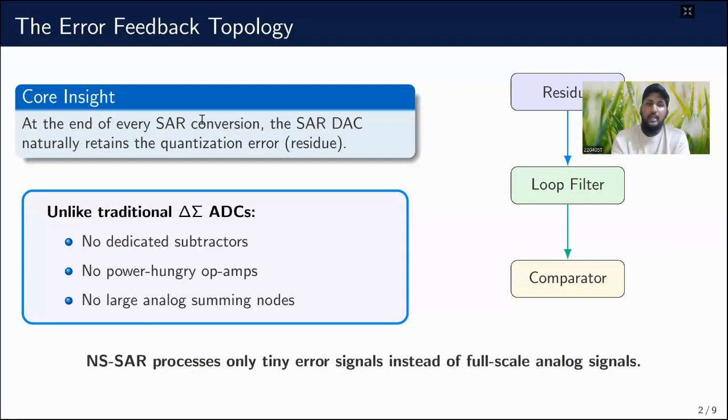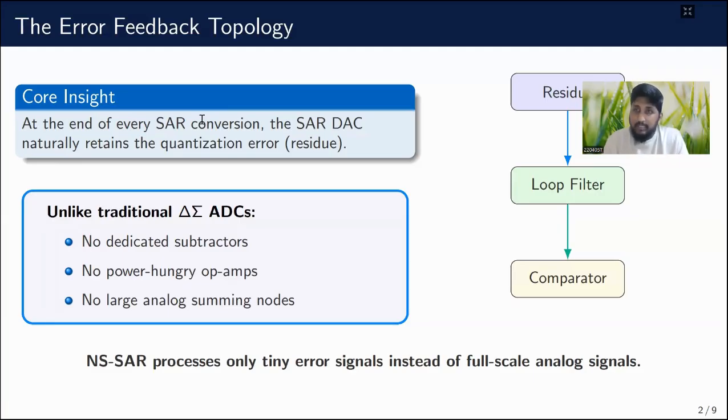If we talk about error feedback topology, at the end of every SAR conversion, the core insight is that the DAC naturally contains a small remaining voltage called residue voltage or residue quantization error. Traditional delta sigma ADCs usually require dedicated subtractors, large analog summing nodes, and highly linear op-amps.